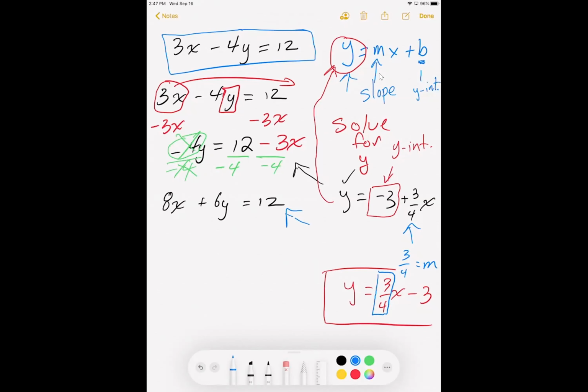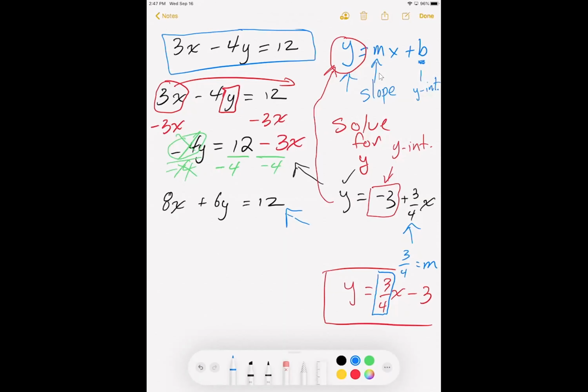If the slope is negative 4/3, which is the opposite reciprocal, then I know that they are perpendicular. If they are not the same and they are not opposite and reciprocal, then they are neither. Those are the 3 options. It's either parallel, they have the same slope; perpendicular, if they are opposite reciprocals; and if they are neither of those, then they are neither.